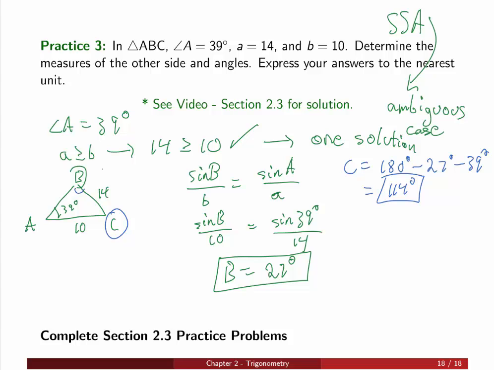So to recap what we have: 27 degrees here, 114 degrees here, which really represents how incorrect my picture is, because this is an obtuse angle. But that's okay. Really the picture will look something like this.